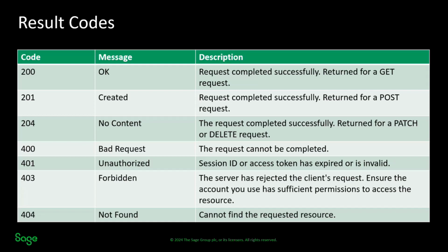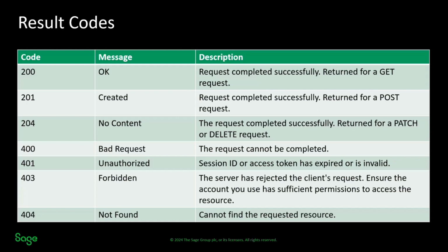So 200 is everything is okay. I've retrieved the information that you wanted, no problem. And a 201 means that everything is fine and I've managed to insert or update the information that you wanted. A 204, that's where you've updated. It's not quite strict that there's no information provided. There's a flag that we can use to determine whether we want data returned or not.